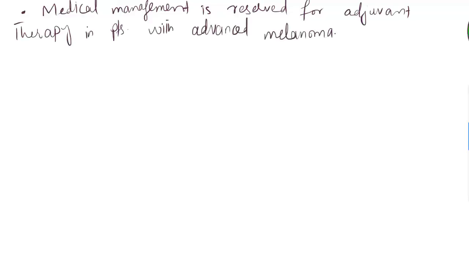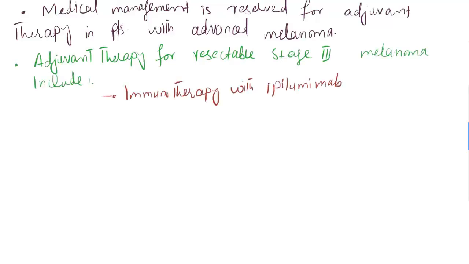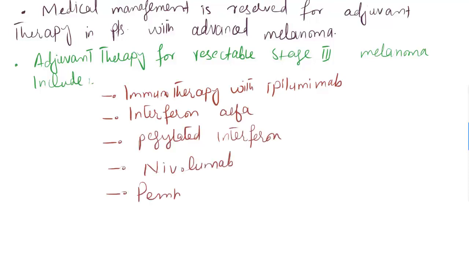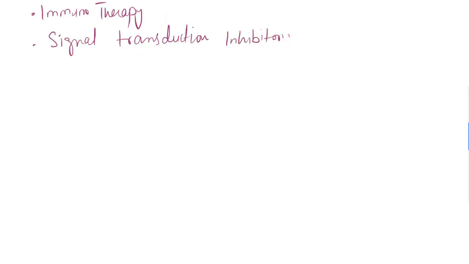Adjuvant therapy for resectable stage 3 melanomas includes immunotherapy with ipilimumab, interferon alpha, pegylated interferon, nivolumab, and pembrolizumab. Therapy for unresectable stage 3, stage 4, and recurrent melanoma may include immunotherapy, signal transduction inhibitors, intralesional therapy, chemotherapy, and palliative local therapy.